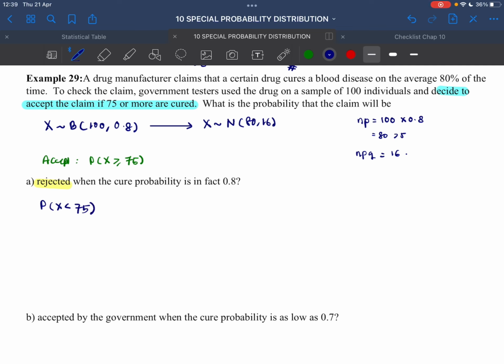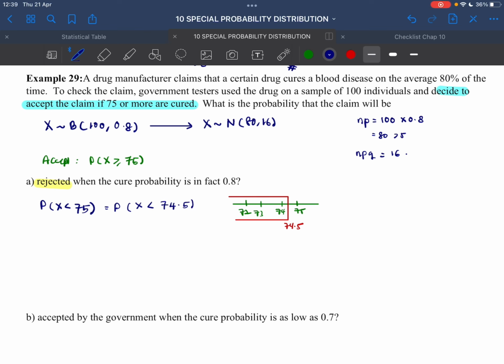Okay, so a little bit different lah soalan ni. So now make sure remember to do your CC sebab kita tukar daripada binomial ke normal. So we have a number line 75, 74 less than kan 73, 72 and so on, but 75 is not included, so stops at 74, and here's gonna be 74.5. So after doing the CC, here should be X less than 74.5.